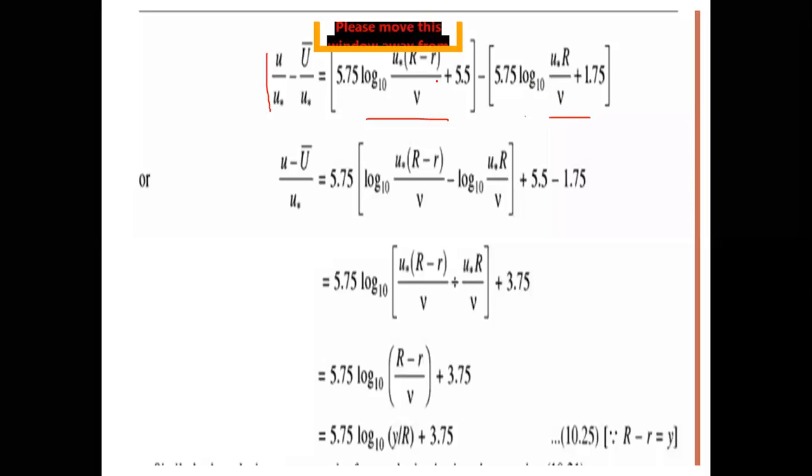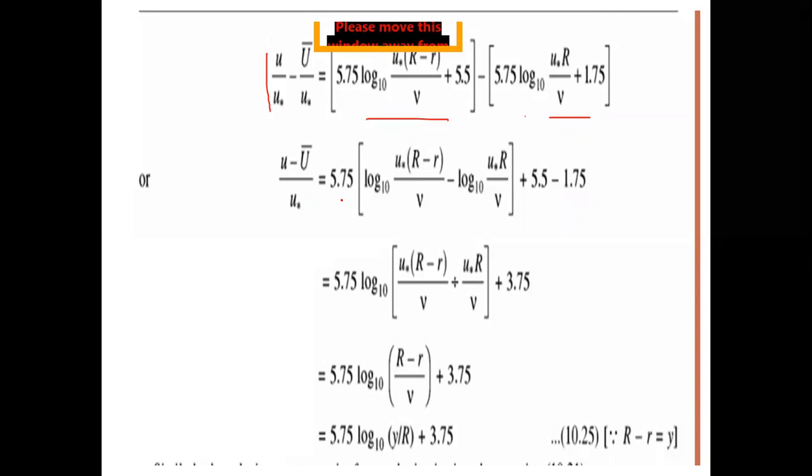Then if you simplify, taking 5.75 as common, since it is common in both, take 5.75 outside. So log 10 of this one minus this one. Then keep on solving this. See here, log 10 comes out with 5.75, this into plus u star by R by v.